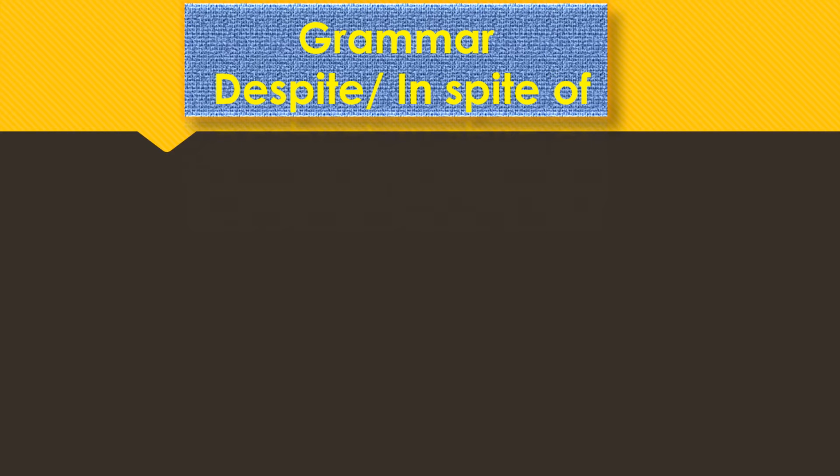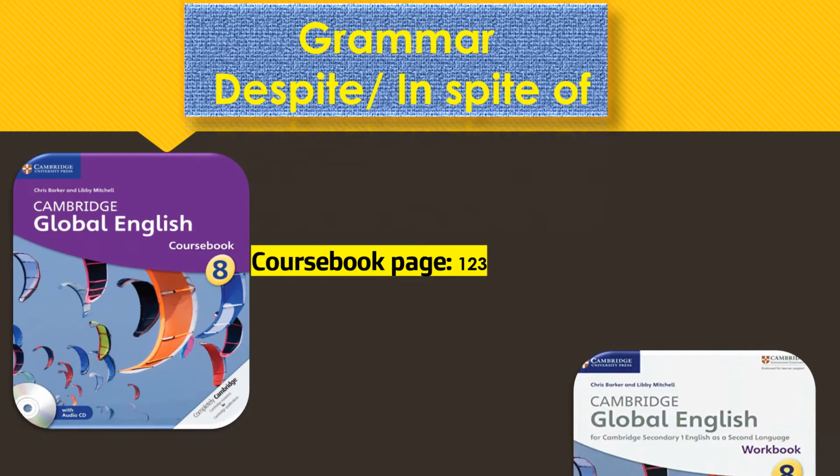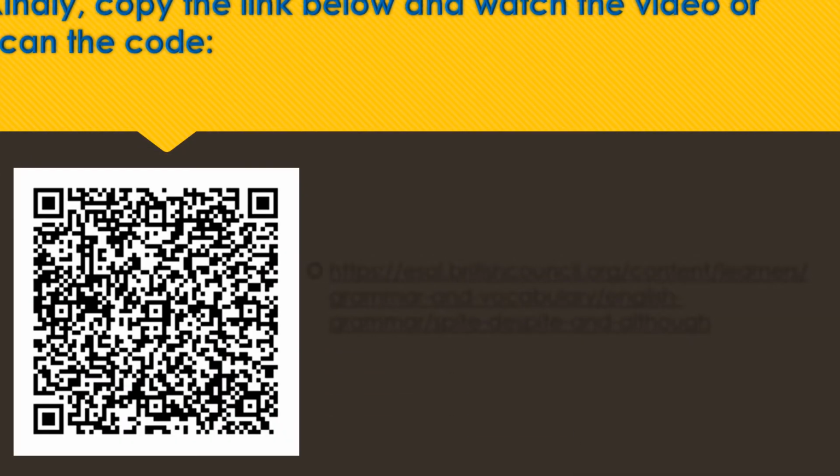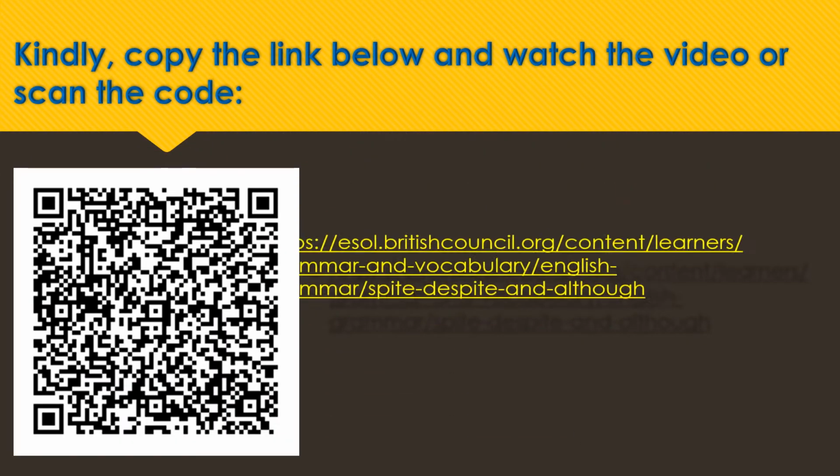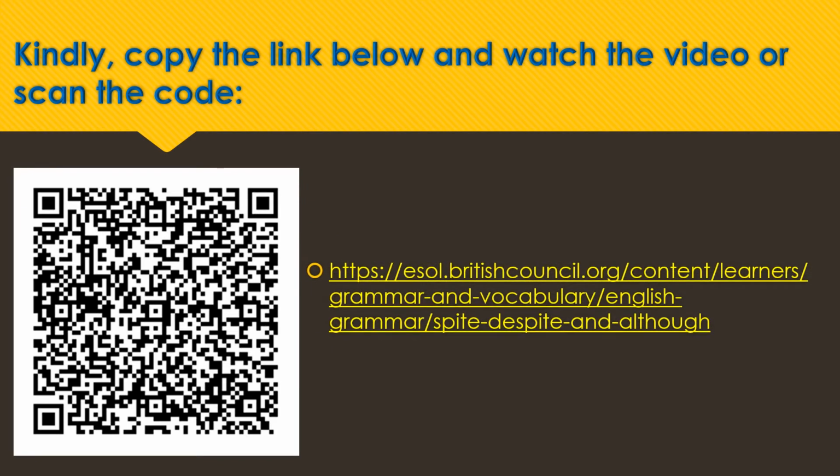Then we're going to do the point which is on page 123 and workbook page 91, exercise number 3 only. I would like you to watch this video, which is from the British Council.org.